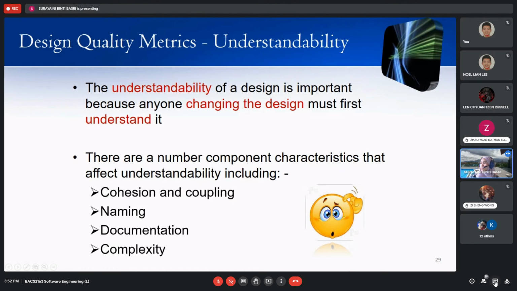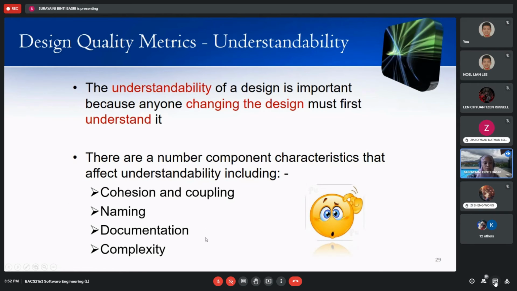So you can say that the third metric here, which is understandability, means the design of your system has a good understandability feature if you have covered all of these characteristics.